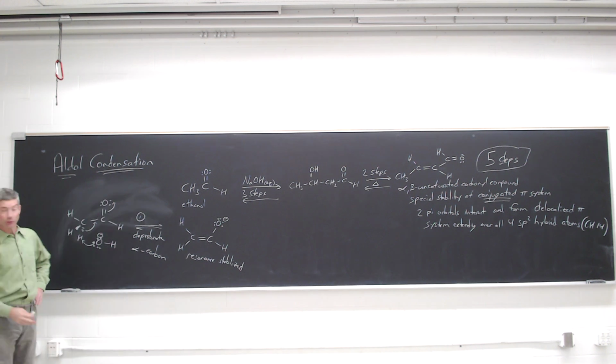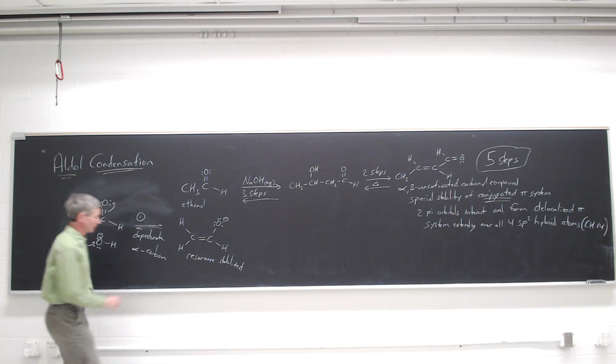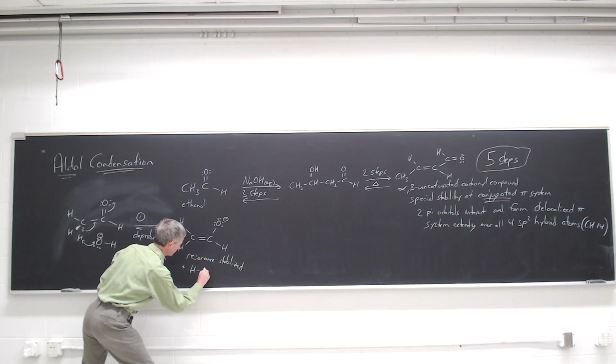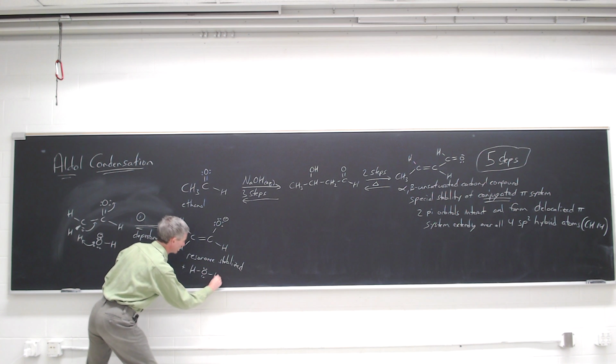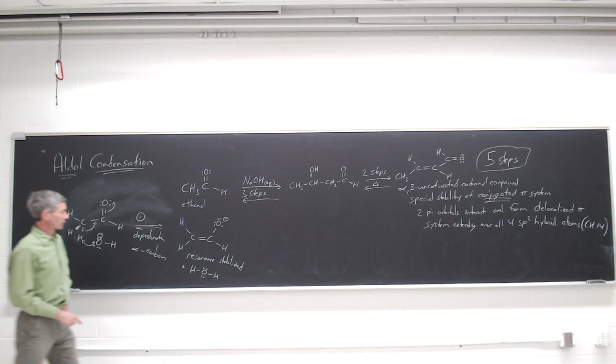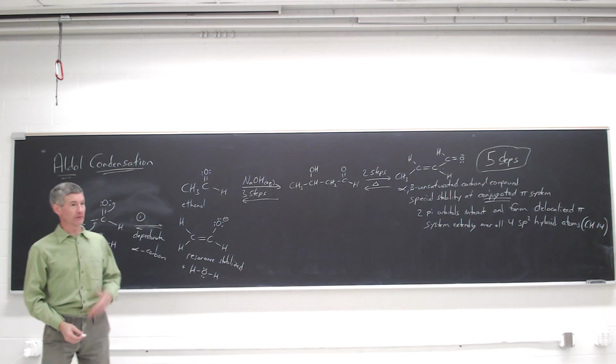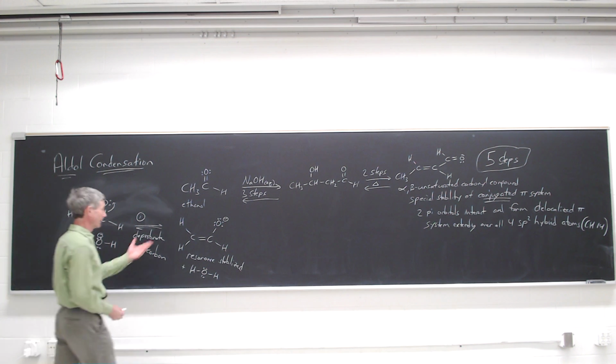If we were now to just protonate the oxygen, we would end up having done the keto-enol isomerism, which is always occurring in aqueous solutions of aldehydes and ketones. If there were a bromine, the pi bond would now attack bromine. If there were an alkyl halide, the pi bond would attack the alkyl halide.